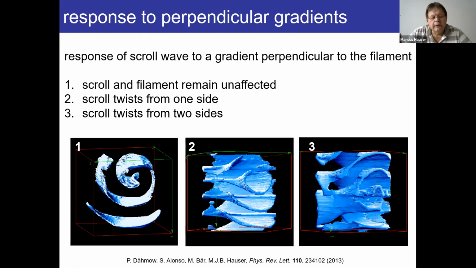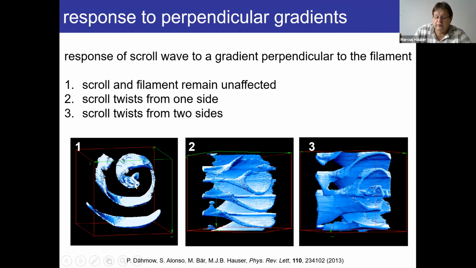So right, what we are going to look at first is the response of a scroll wave which is in one of those cylinders. However, the filament, which you can see here, this curve, is perpendicular to the z-axis, which is the long axis of the cylinder, and x and y are the axes perpendicular to the cylinder axis.